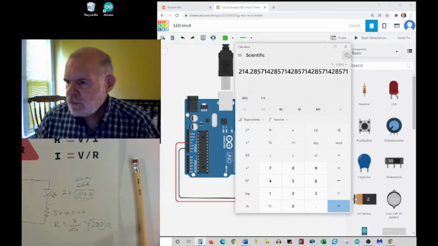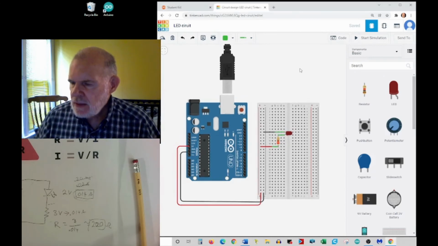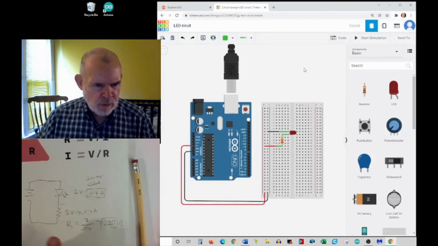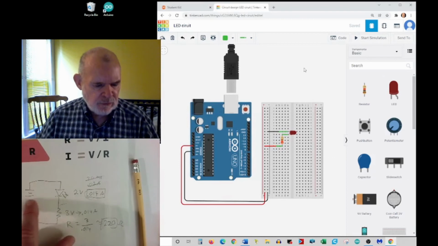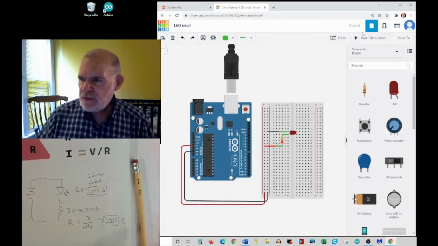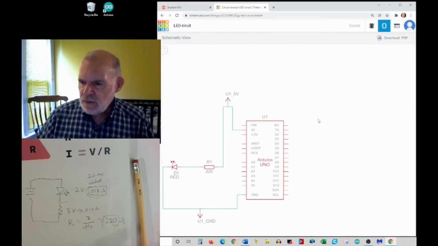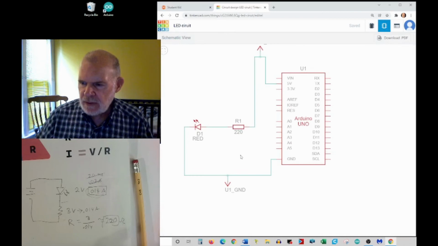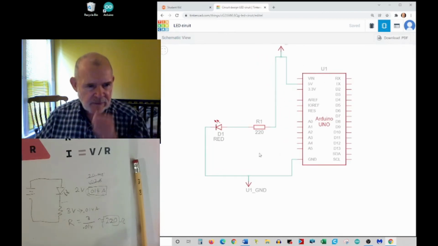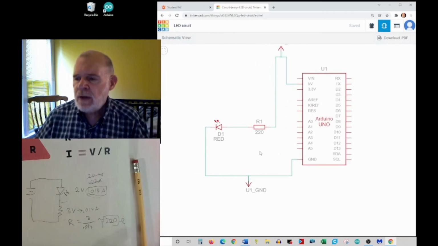Let me just show you something else I haven't shown you yet. Notice what I drew here. I called it a schematic, or I drew with a little symbol. In Tinkercad, if I click on this little button here, it says Schematic View. So Tinkercad has the ability to show the circuit as a schematic, like I like to draw on paper.